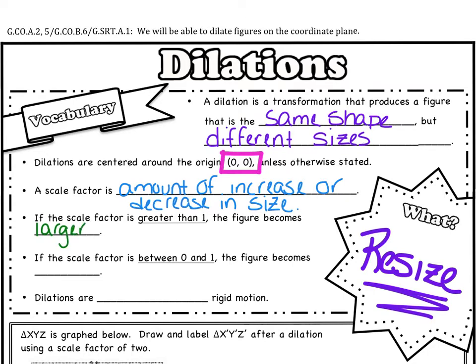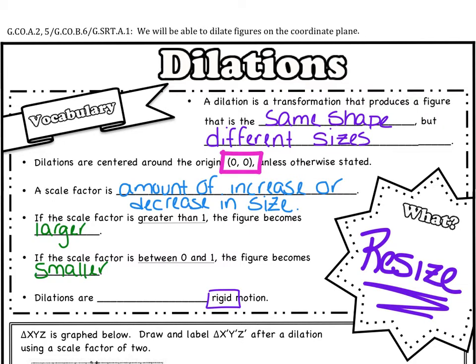If the scale factor is between 0 and 1, so that means it's a fraction that is not improper, something like 1/2 or 1/3 or 2/3, then the figure is going to become smaller.